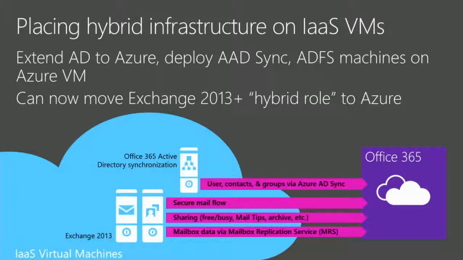Now we've had that ability to move ADFS up to Azure, to move DirSync, AAD Sync, to extend AD into Azure to support directory synchronization. We've had that ability for quite some time. So this is really completing that.